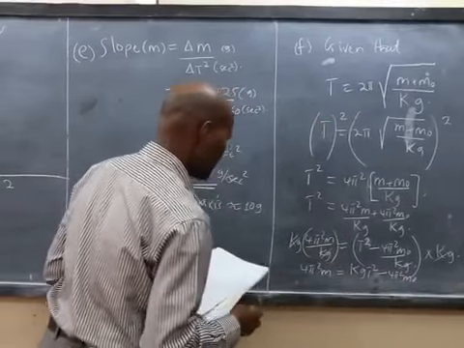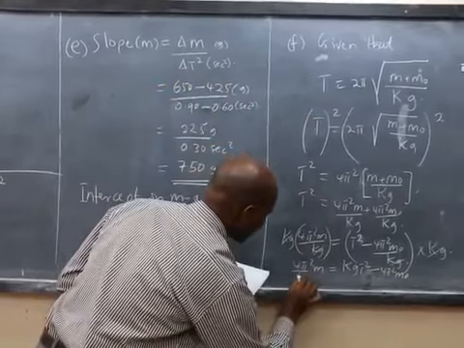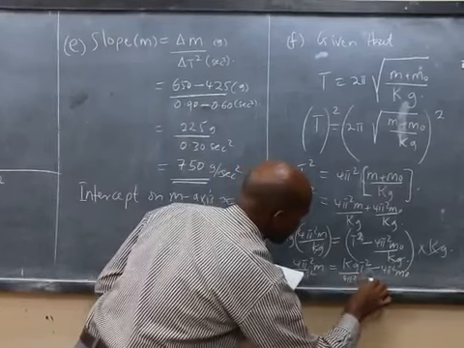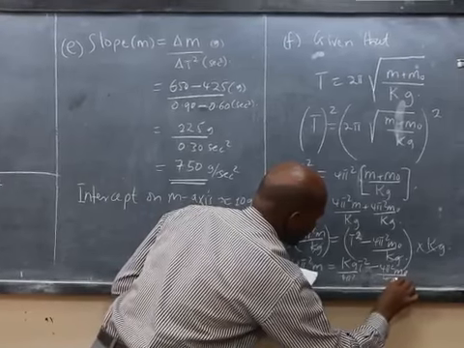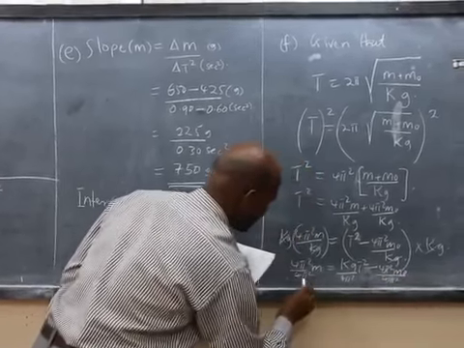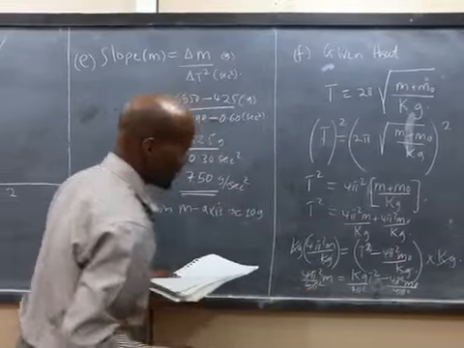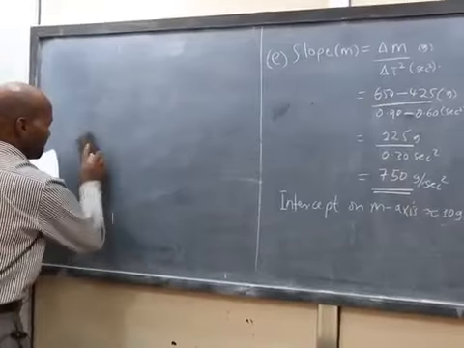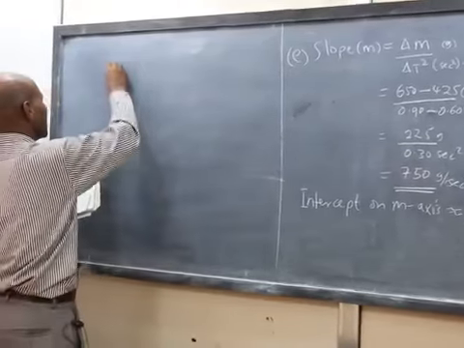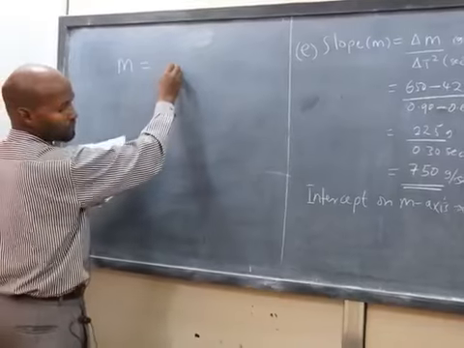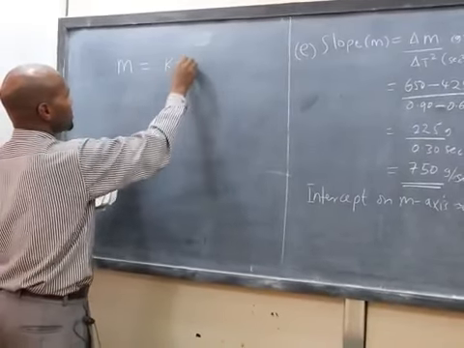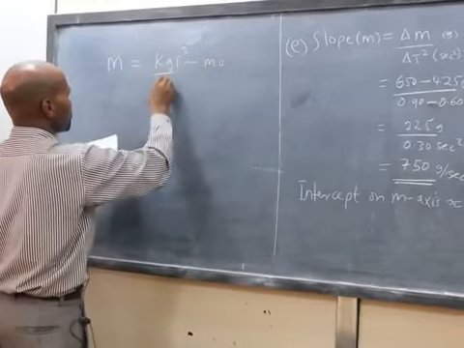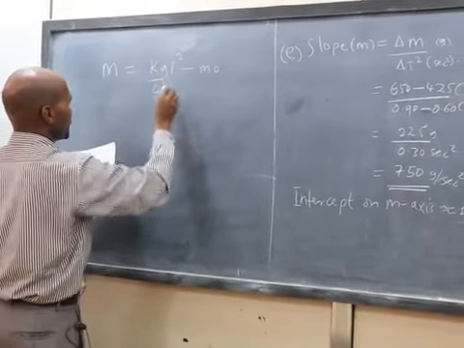Dividing by 4 pi squared on both sides, this one cancels, this one cancels. So finally we have the value of m, that is m equals kg T squared minus m naught over 4 pi squared.